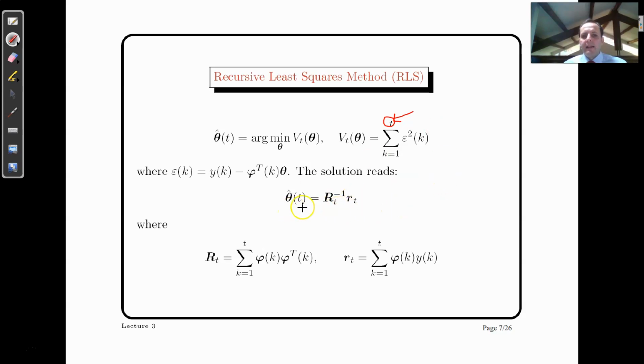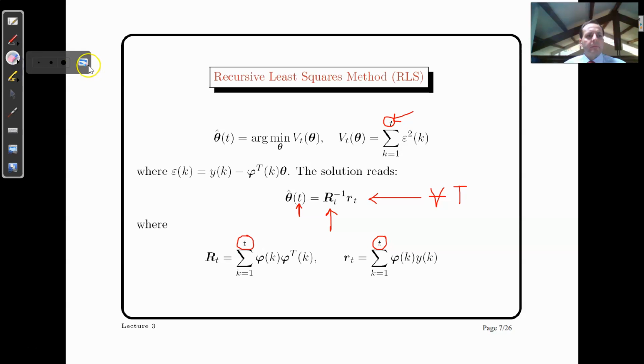So the solution also depends on t, because all the matrices depend on t. It means that you need to compute this equation at each sampling time, which can be expensive due to the computation of this matrix.